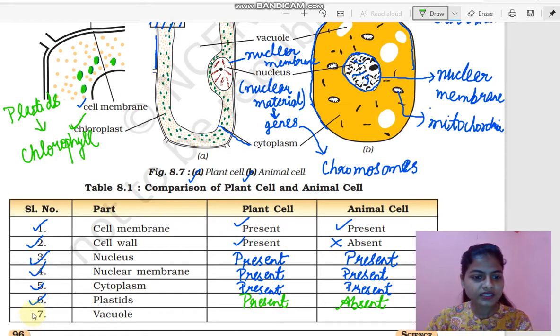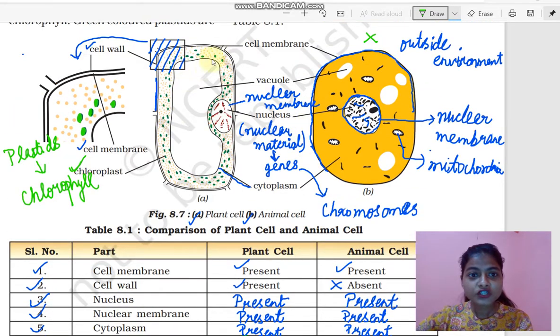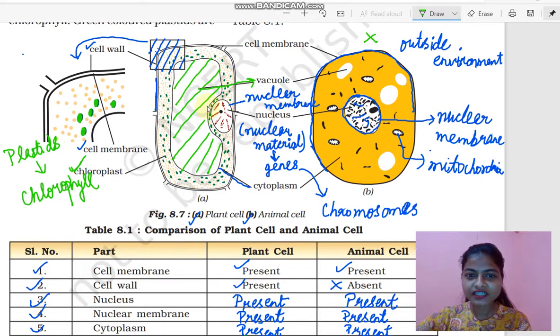Now next one is vacuole. Let's see what happens to vacuole. The part which I am coloring green, can you see this part? This is labeled as vacuole. This part is very large in plant cell, while it is very small in animal cell.